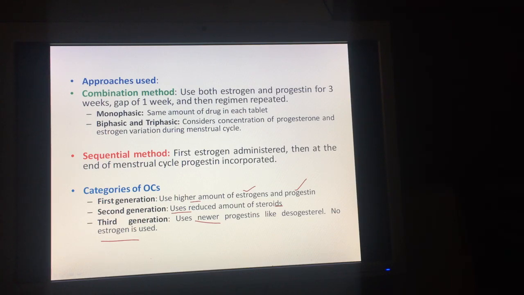Now coming to the drugs in the syllabus, the first drug is mifepristone. If you look at the structure of this drug, it is a derivative of a steroid. Estrane is the ring system, C18, and it is a 19-nor derivative, as you can see that the angular methyl group is absent at this position.